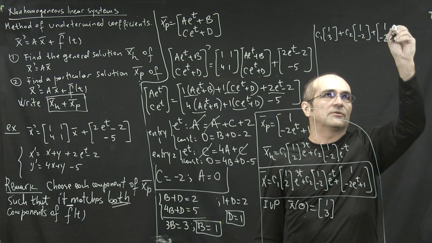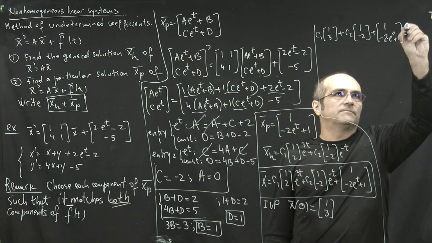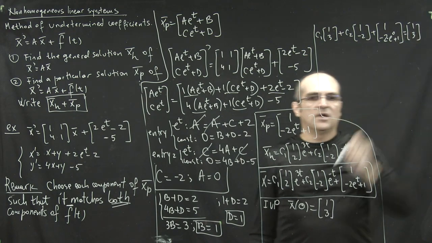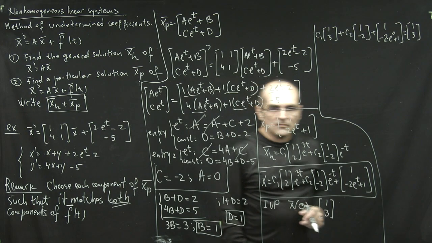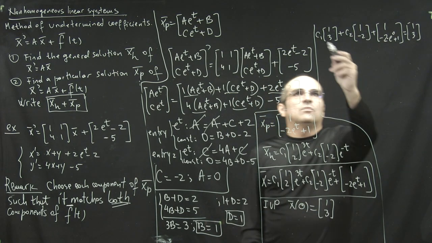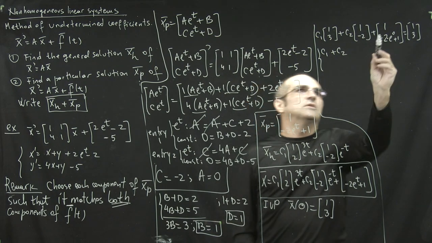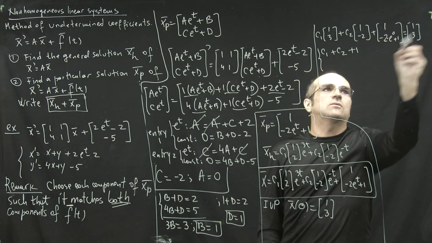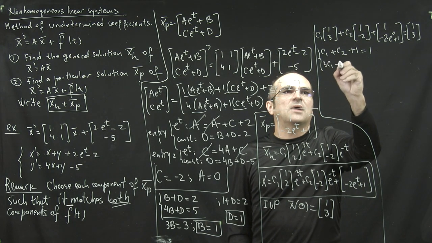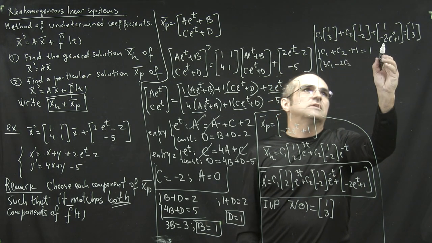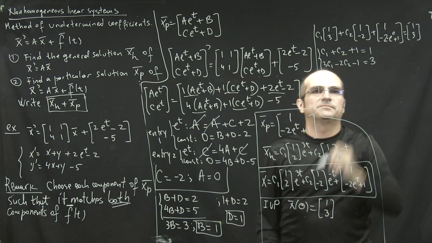Just want to make sure you see where it comes from, and that's equal to (1, 3). So this is where you form the system in C1 and C2. So what is the system in C1 and C2? Well, it's going to be C1 plus C2 plus 1 equals 1. Then 3C1 minus 2C2, this is again minus 1, minus 2 plus 1 equals 3.